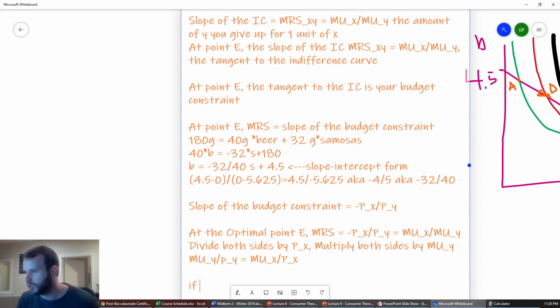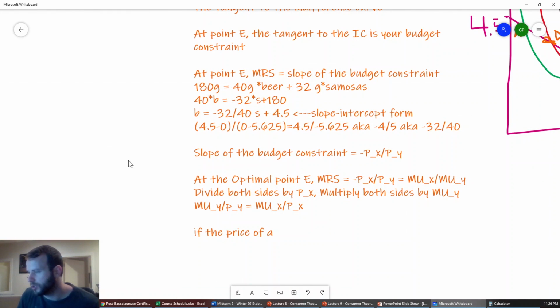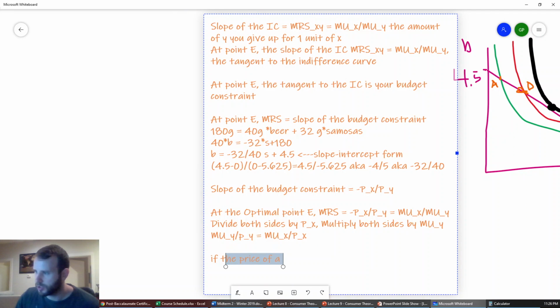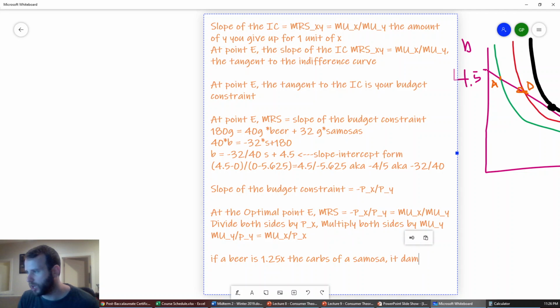AKA, if the price in carbs of a beer is 1.25 times the carbs of a samosa, it better give me 1.25 times the happiness, right?